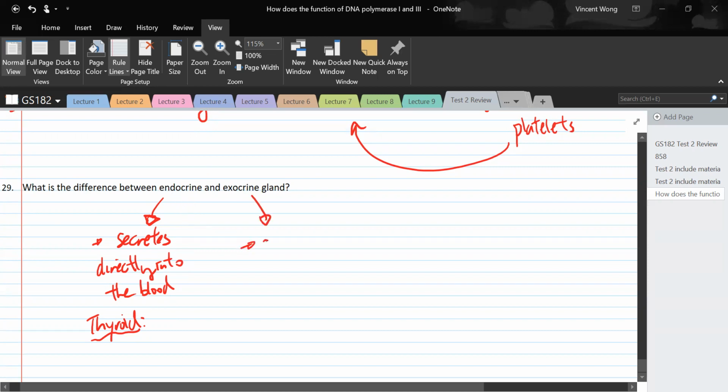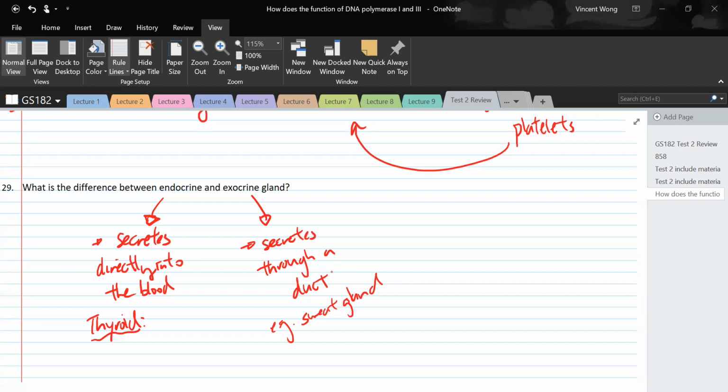Exocrine glands secrete through a duct, like a sweat gland. There's a duct that carries whatever they're secreting to a particular place. The mammary gland has milk ducts in there.